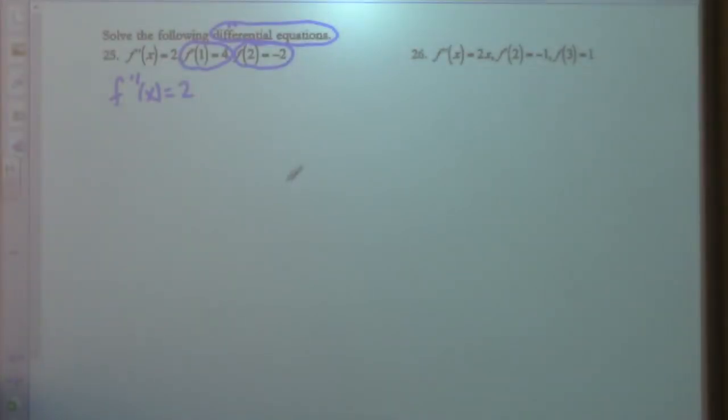Okay. So what we have is something called f double prime of x.